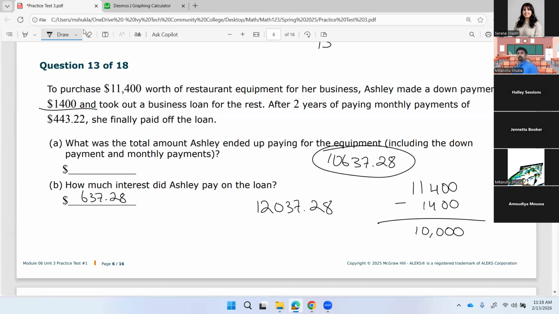Okay. No compounded interest was needed here. They didn't give me a rate or anything. Okay. Questions? Comments? Concerns?